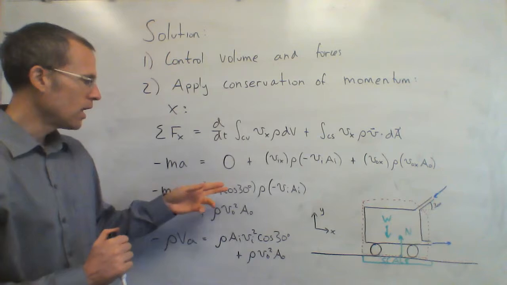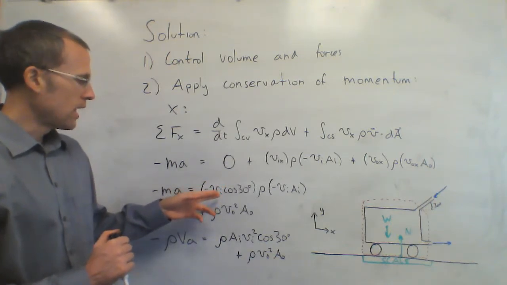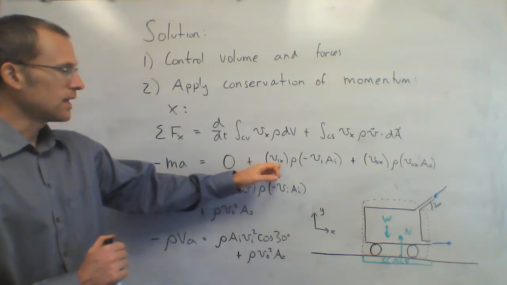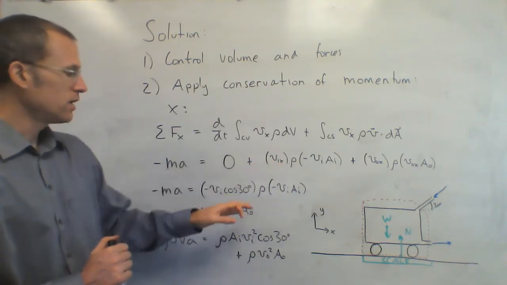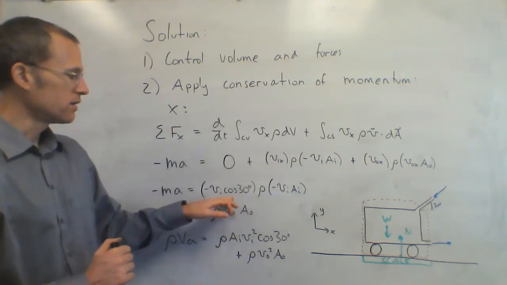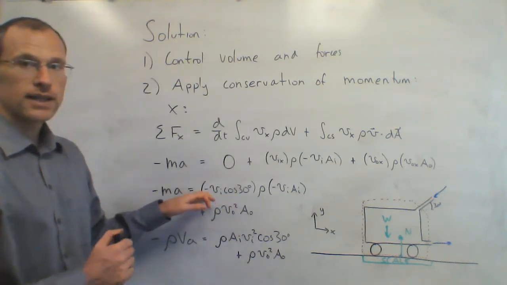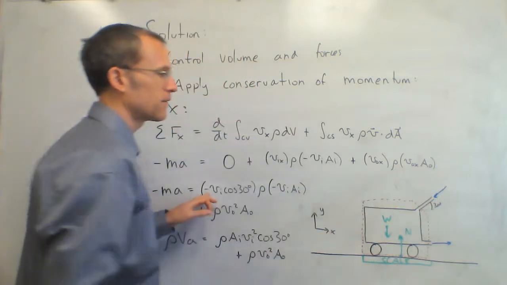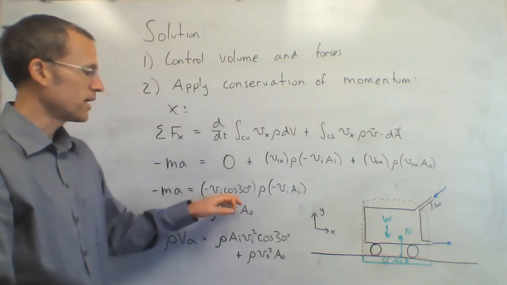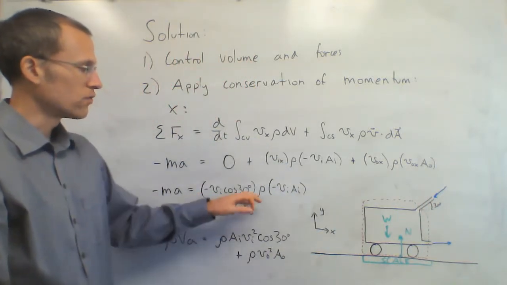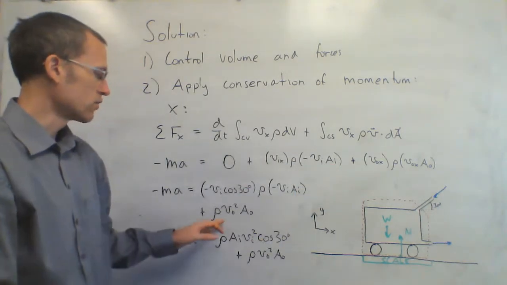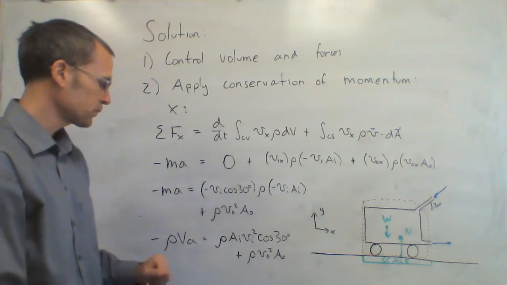So I have a minus this v in the x direction, the x component of my velocity in. So negative, again, because it's coming in to the left. So this velocity is in the negative x direction, and I only want the x component of that, so cosine 30. And then rho minus v in a in, same as before. This guy is just rho v out squared a out.